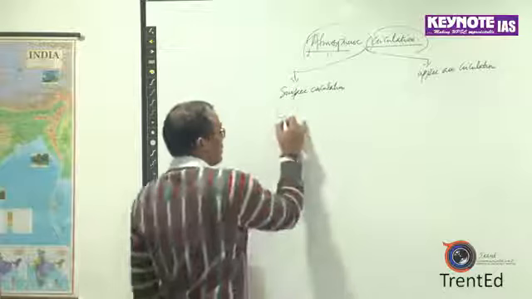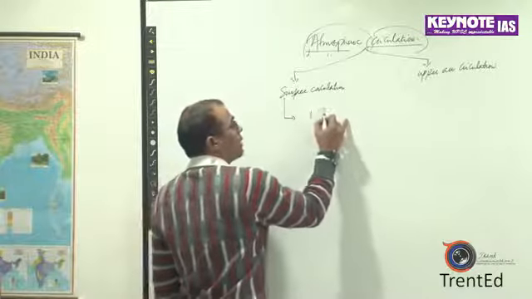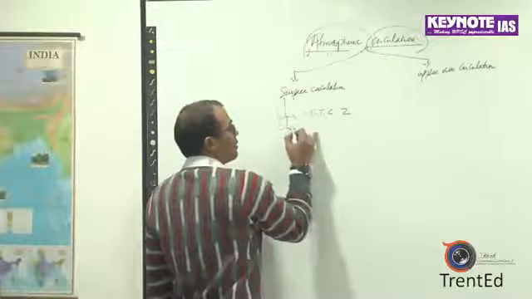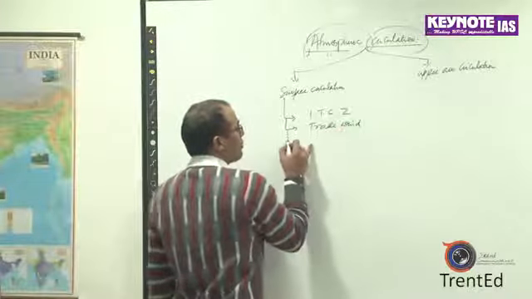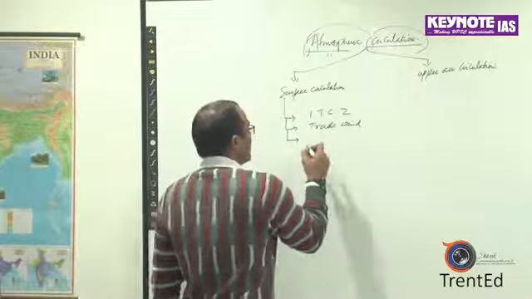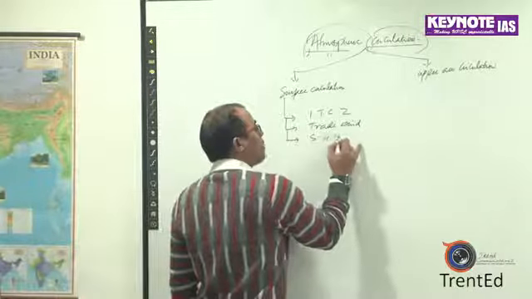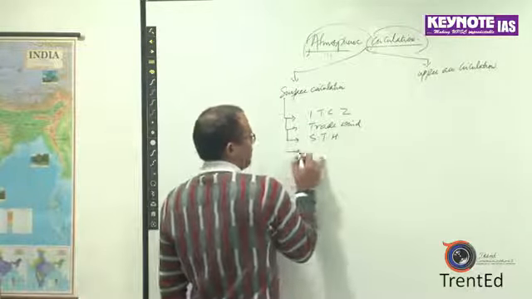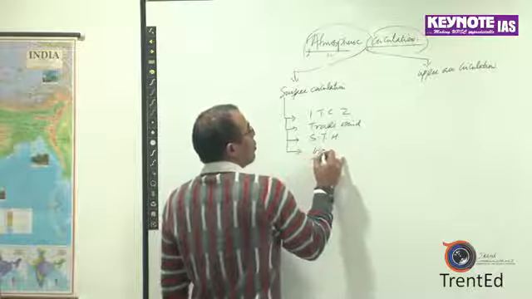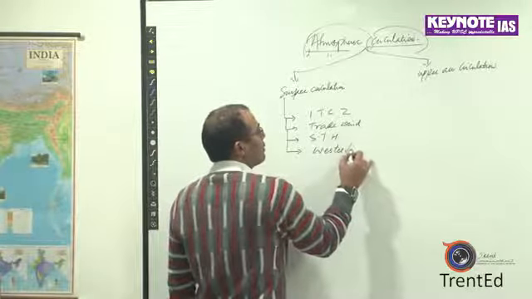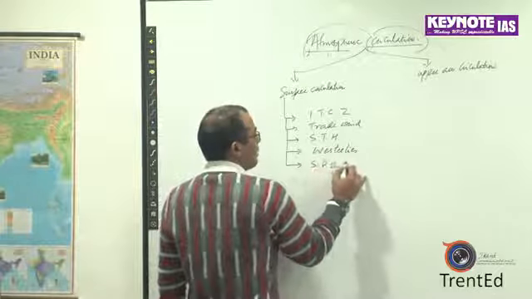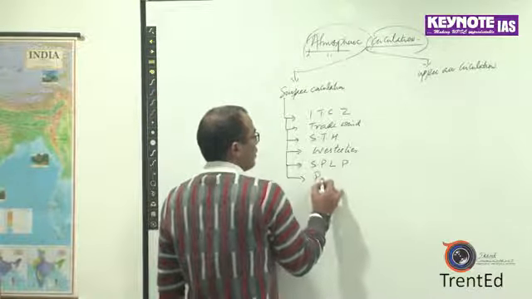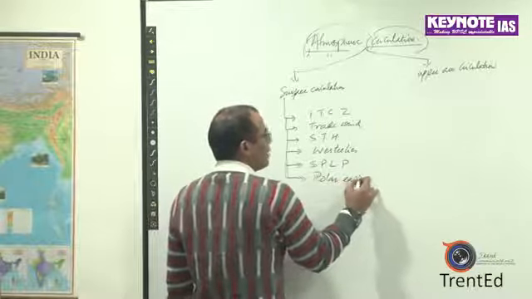The surface circulation, you start with ITCZ, trade wind, subtropical high pressure belt, westerlies, subpolar low pressure belt, polar easterlies.